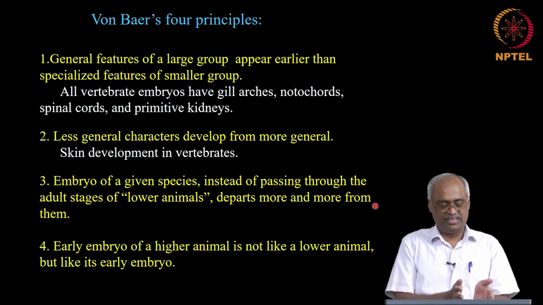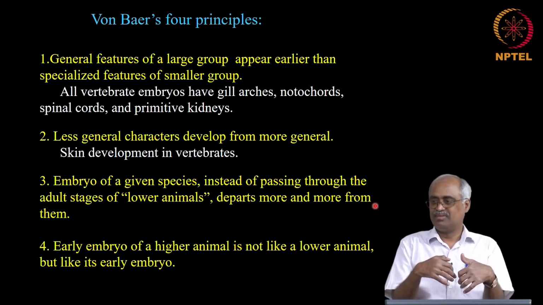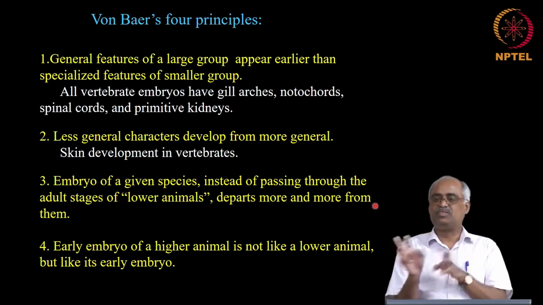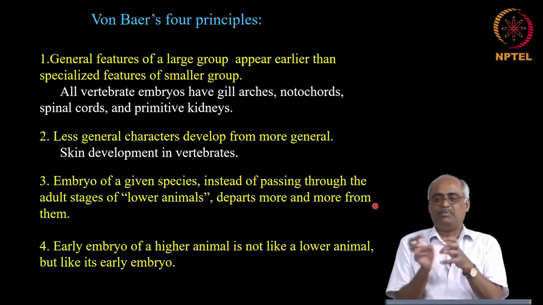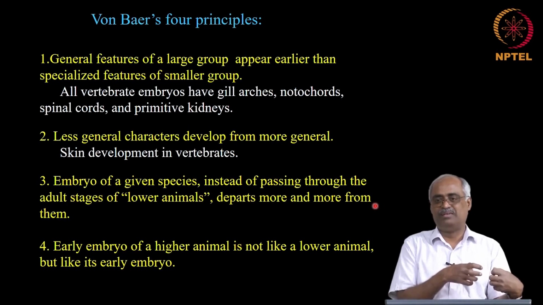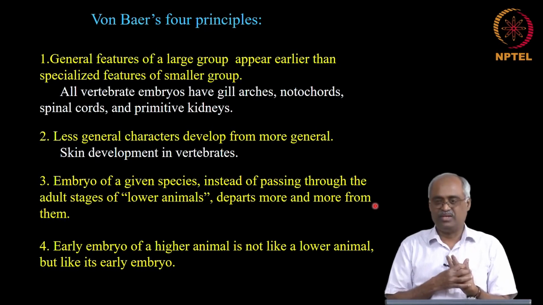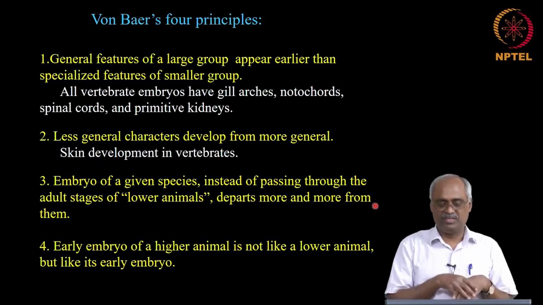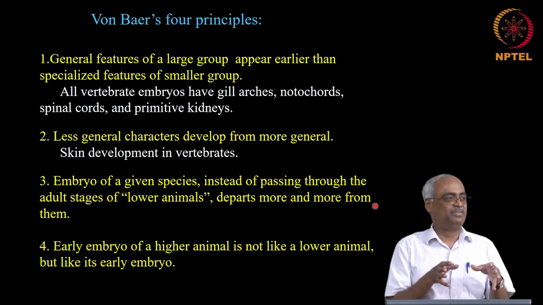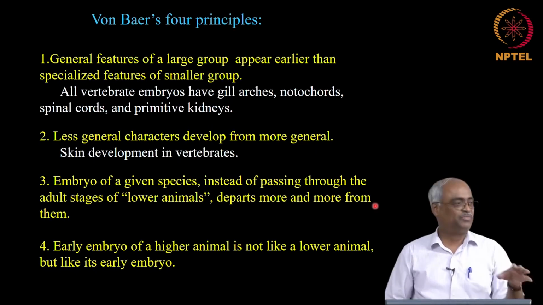So, that is why he says general features of a larger group appear earlier than the specialized features of a smaller group. Like the primate features do not appear earlier in our embryo. So, what appears early applies to the entire mammal group. You will see when I show a picture that not just the mammals, even the fish embryo and our embryo resemble when you go sufficiently early.